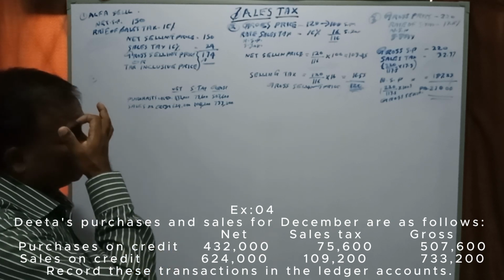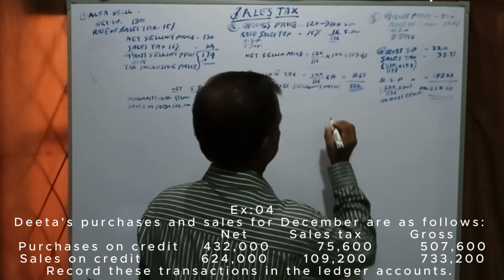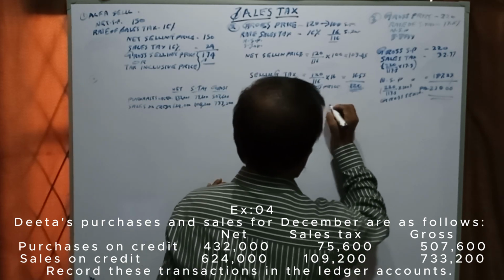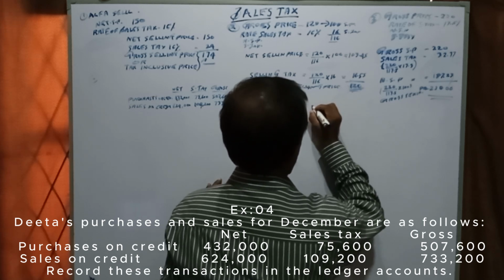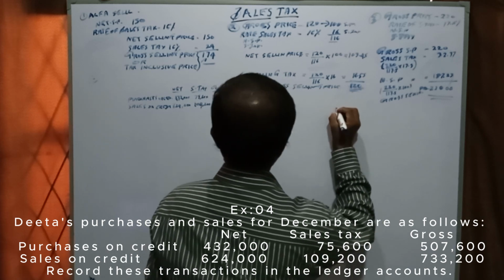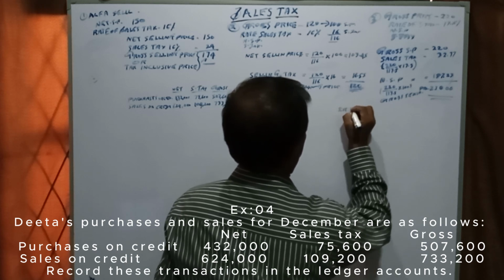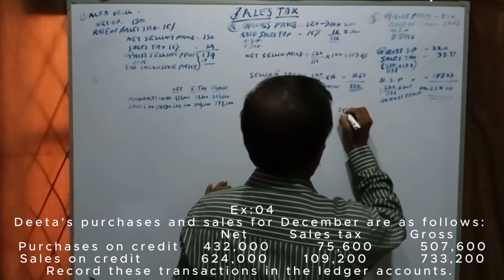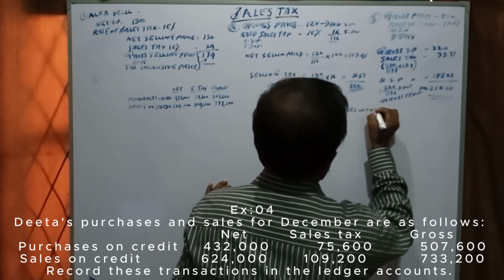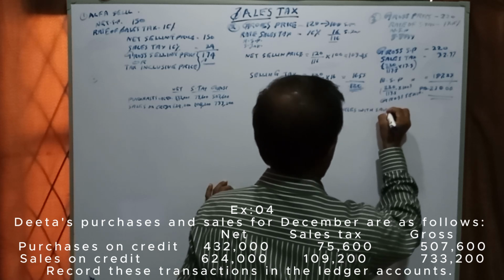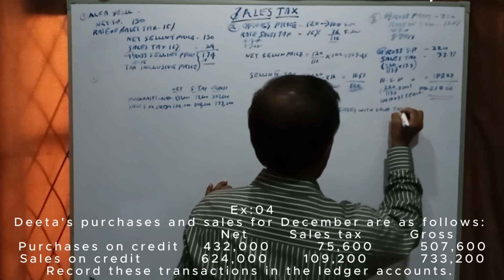If it is a credit purchase, the accounting treatment for sales tax, credit sales, sales with sales tax, right?